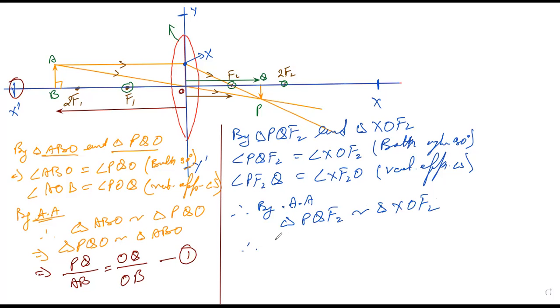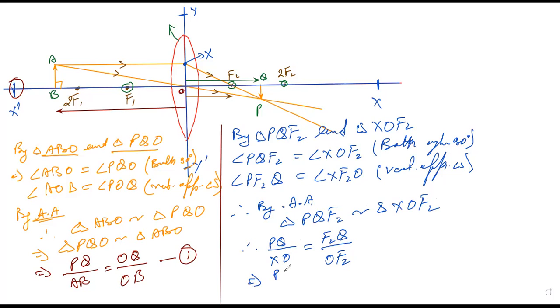So therefore you can say that PQ by XO equals F2Q by OF2.